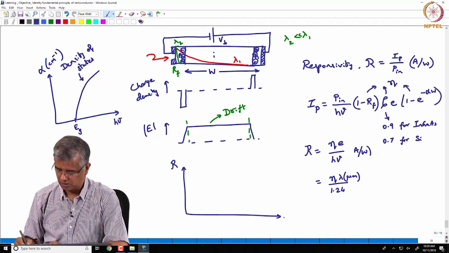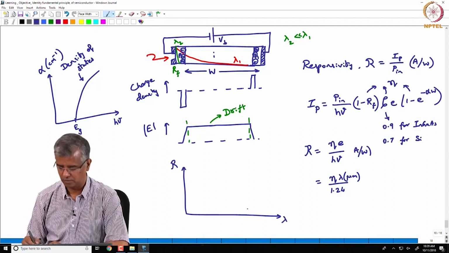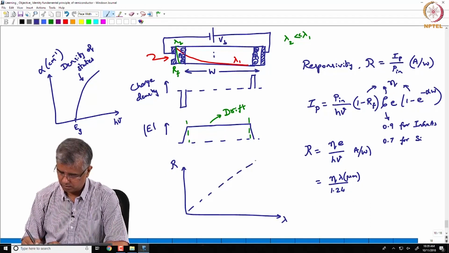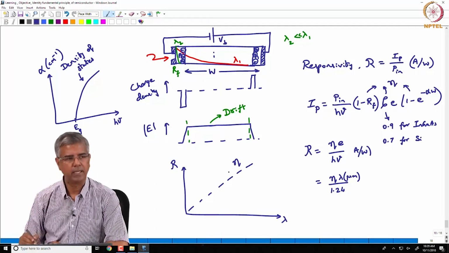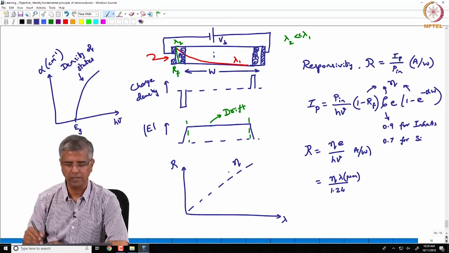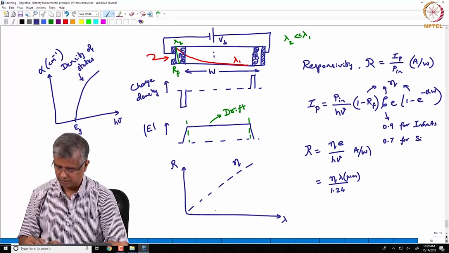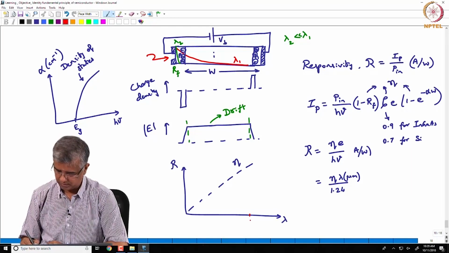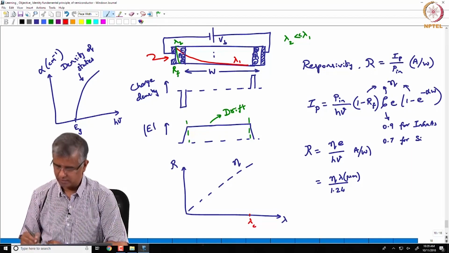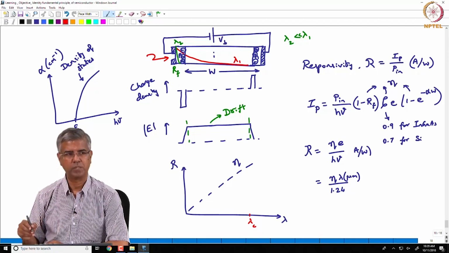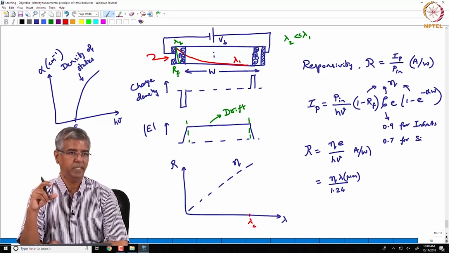So, this is responsivity as a function of wavelength. Let us say your eta line is like this. That is going to be guiding your responsivity. In terms of the responsivity, what we will find is there is a cutoff wavelength corresponding to the band gap energy.